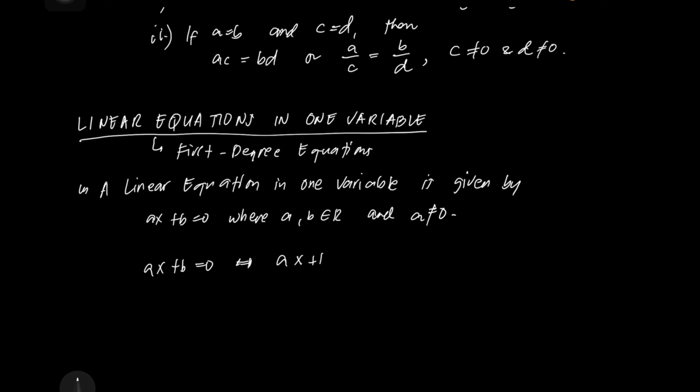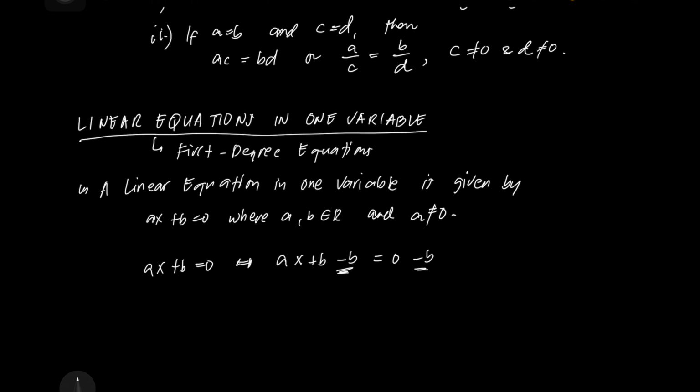So this can be written as ax plus b minus b equals 0 minus b. We do that so that we eliminate the positive b on the left side, so that what will remain afterwards is only our variable, x.